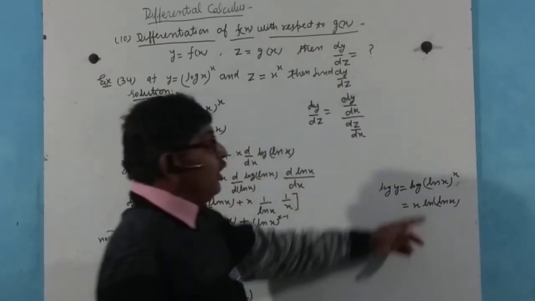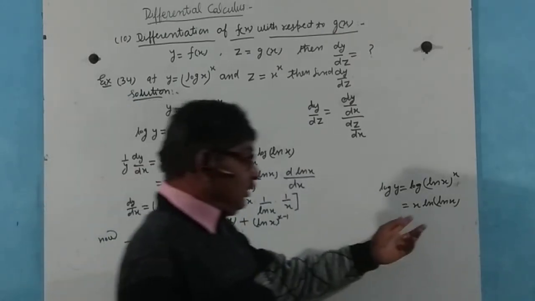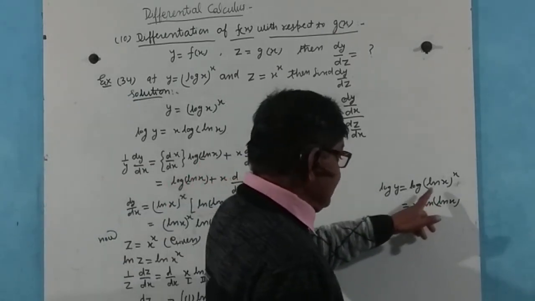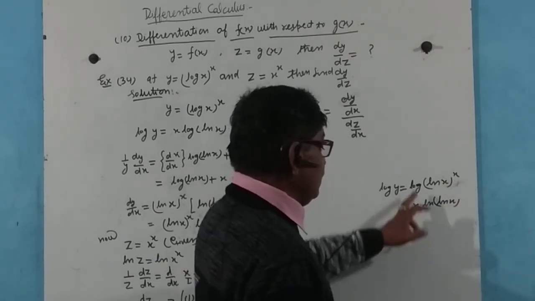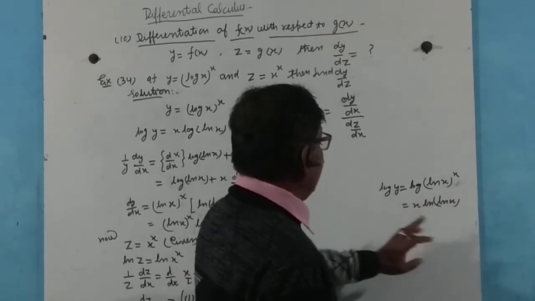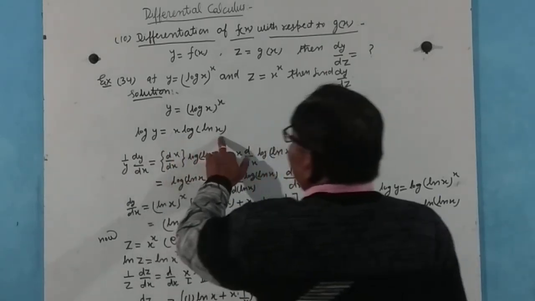Here in this part, log can be written as ln, so we get x log of log x.